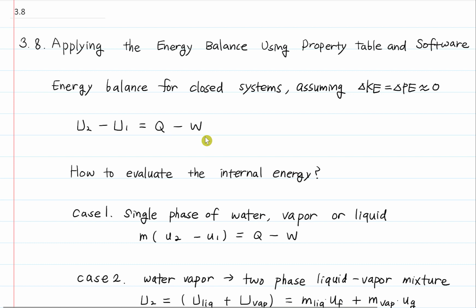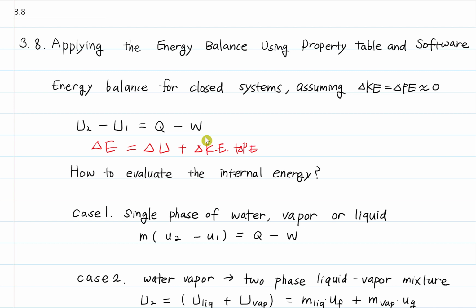Generally, the energy change of a system is denoted by delta E. And delta E includes the change in internal energy, kinetic energy, and potential energy.